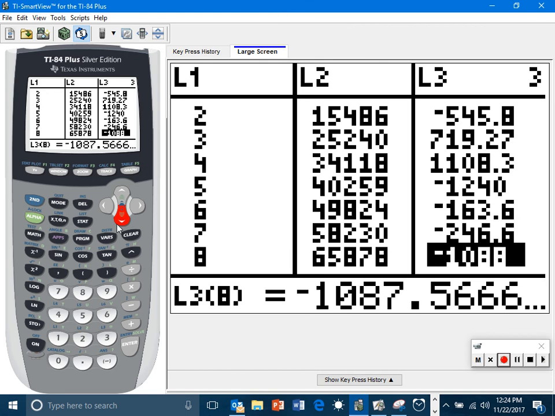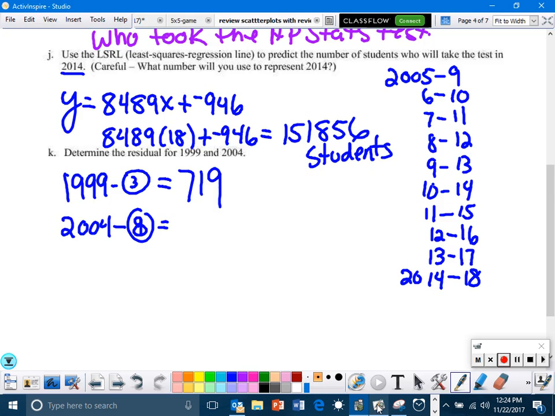Oh, in that year it was below average, negative 1,088. So more students than average took the test in 1999 because that dot is above the line, and fewer students than average took it in 2004 because it's negative 1,088.